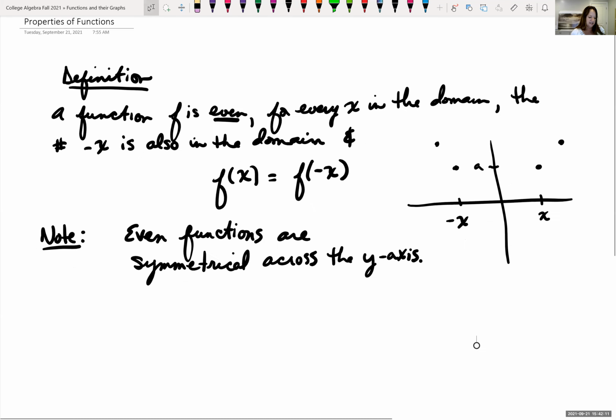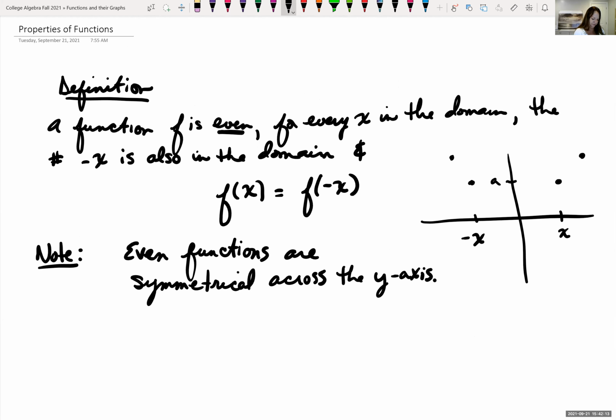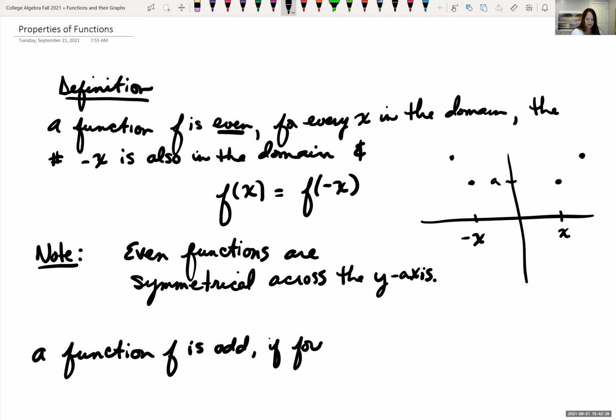A function is said to be odd. So our function f is odd if for every x in the domain, the number negative x is also in the domain.